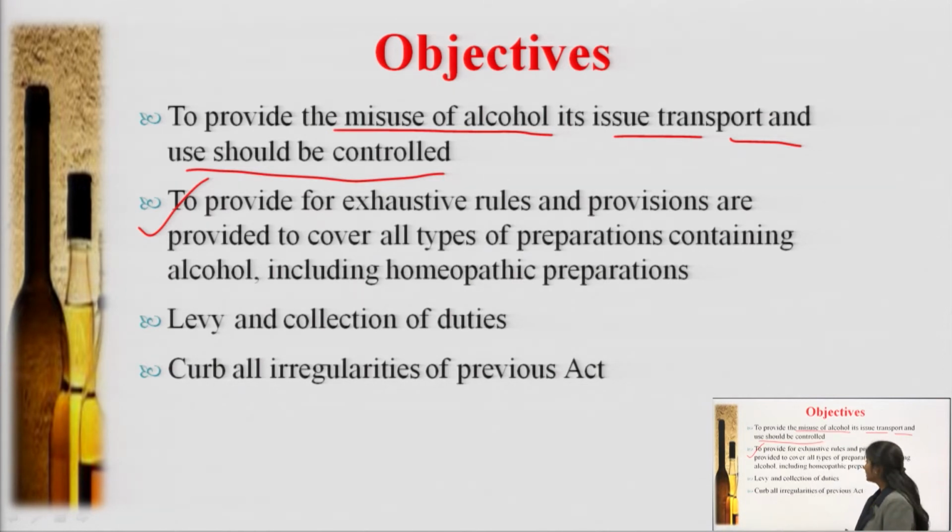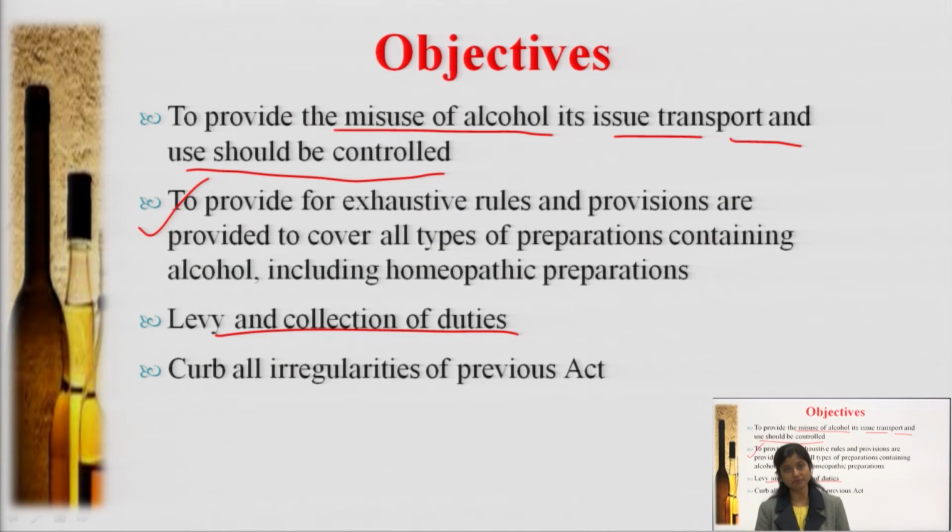The last but not the least, the levy and the collection of duties is the main aim of this act, which will financially support the government, because the collection of levies as well as customs duties helps the government maintain the economy. And last, to curb all irregularities of the previous act. That is, the things which were controlled previously had some kind of drawback, and so to control these and to curb all irregularities.